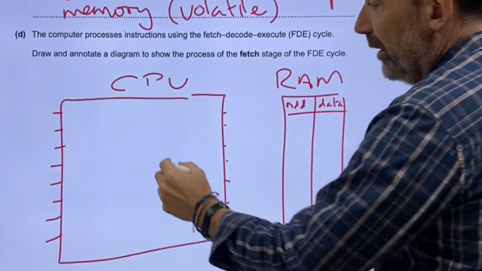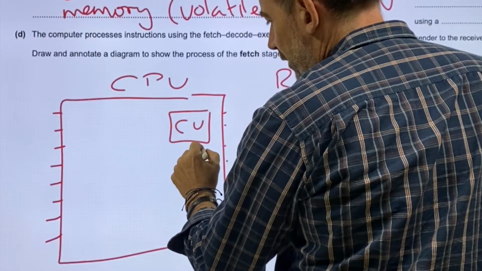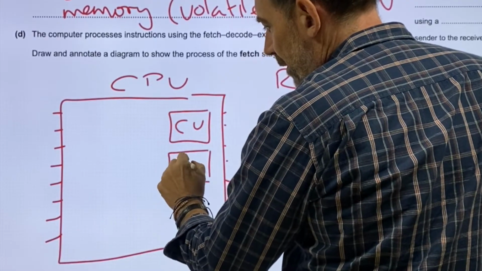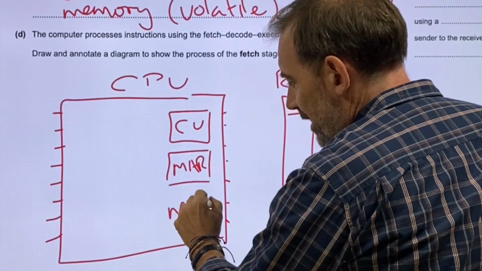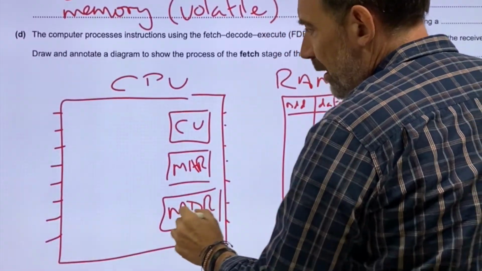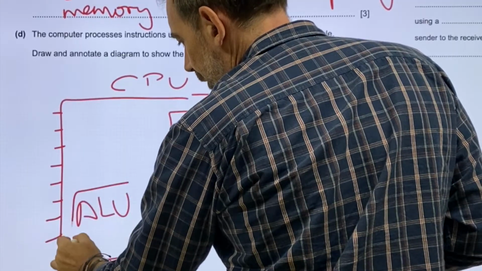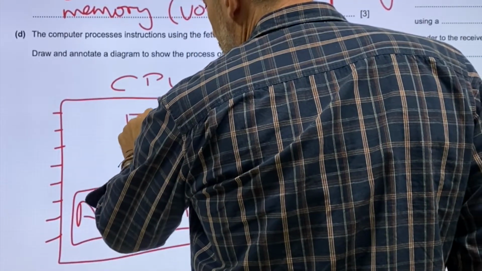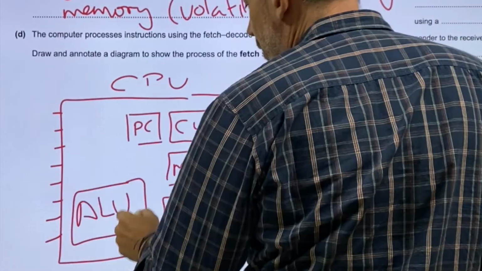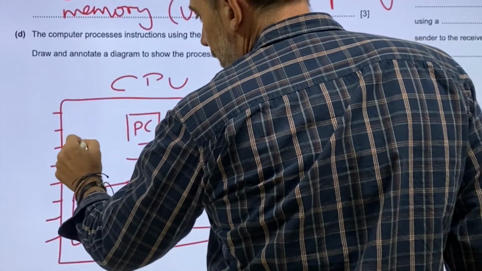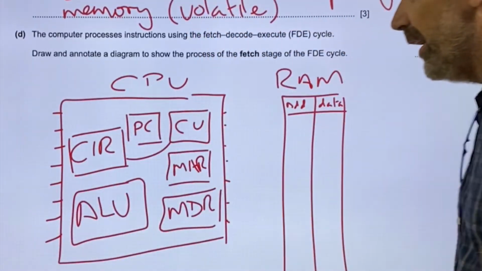The CPU has the CU, the MAR, the MDR, the ALU, and the PC, which is linked to the current instruction register. So it's sort of like that.